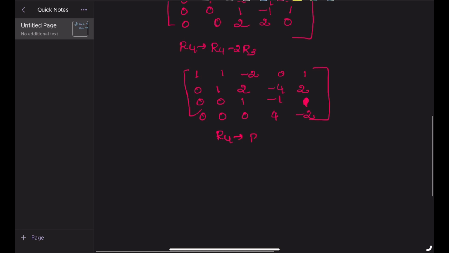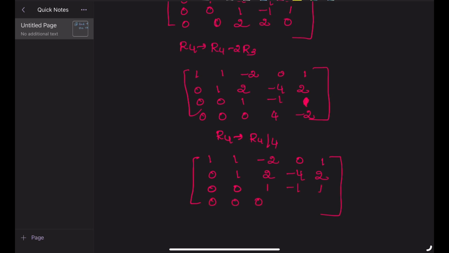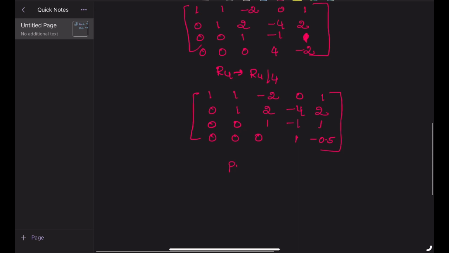The last step: row 4 changes to row 4 divided by 4. So 1, 1, -2, 0, 1; 0, 1, 2, -4, 2; 0, 0, 1, -1, 1; 0, 0, 0, 1, -0.5.